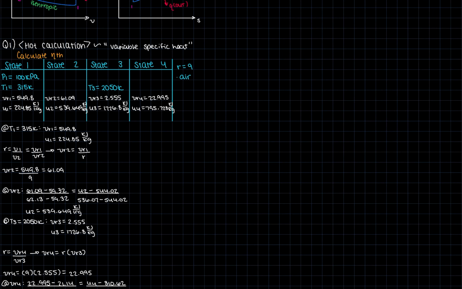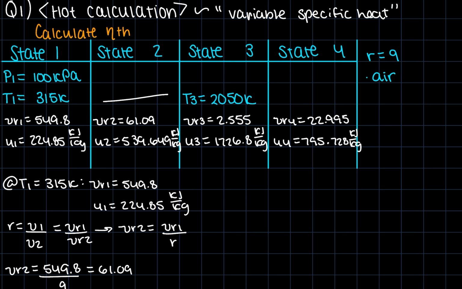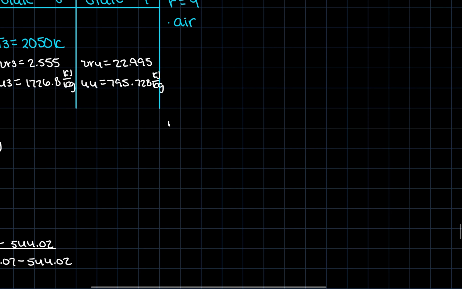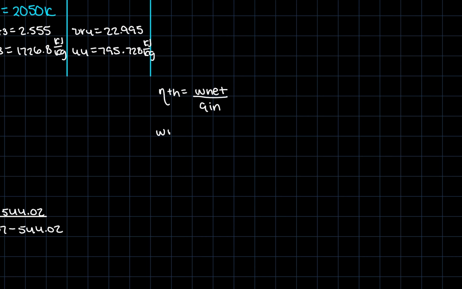Alright, so now that we have all of our U values, I could have solved for like the temperatures, but all we really need for this calculation is the U values. So our thermal efficiency can be calculated through W net divided by our heat in. And W net is also equal to our heat in minus our heat out.